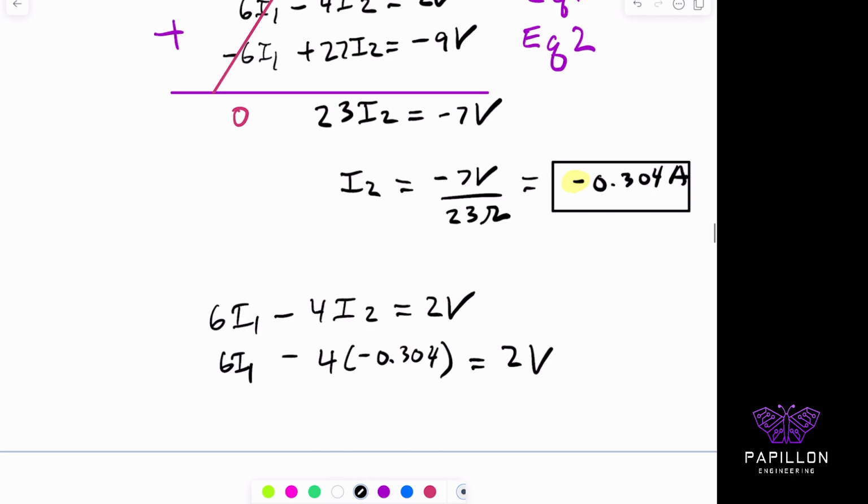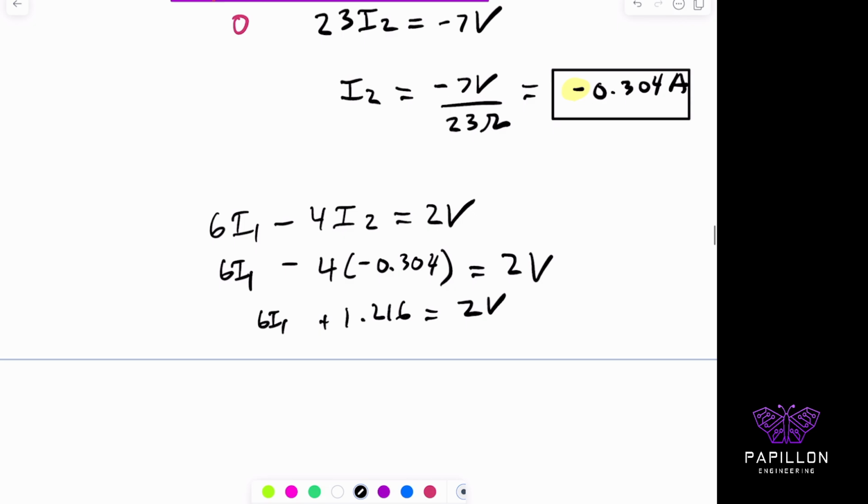We get back 1.216, and then that's going to be positive 6I1 equals 2 minus that, which gives 0.784 volts, which equals 6I1.